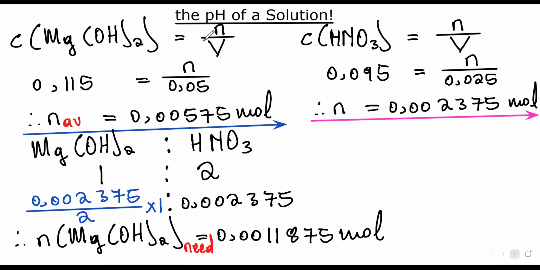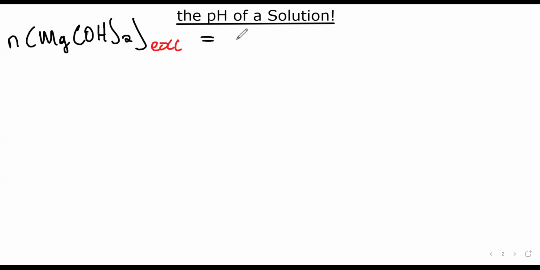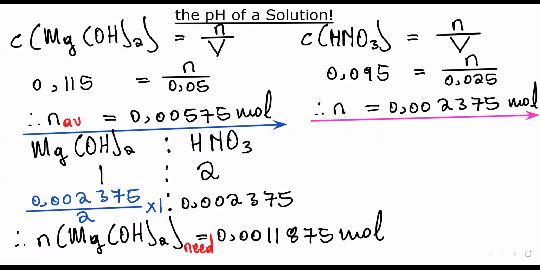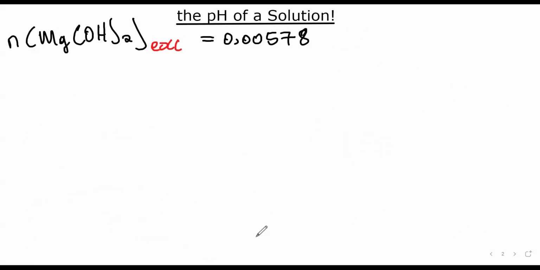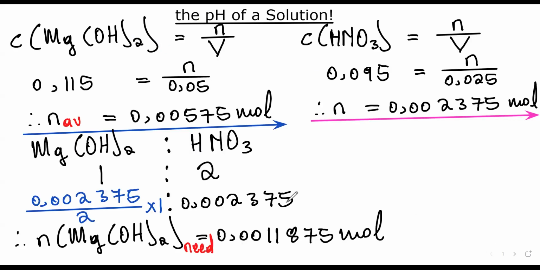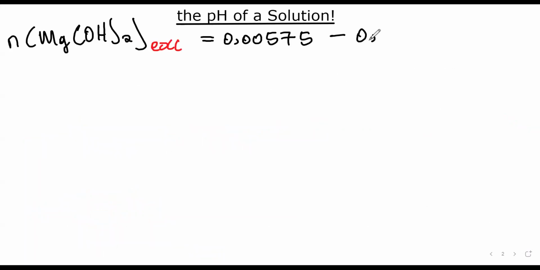But we'll just tell them it's those that we had at the start, which were 0.00578, I suppose. Well, it's 575 actually, minus those that are needed or used to react with the acid. It's the ones that we just found.